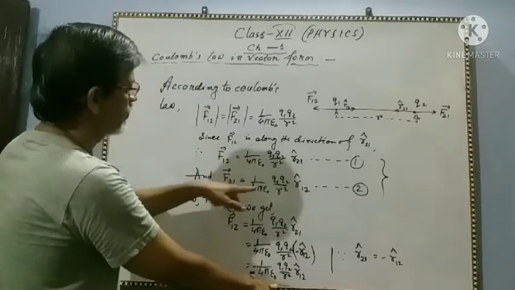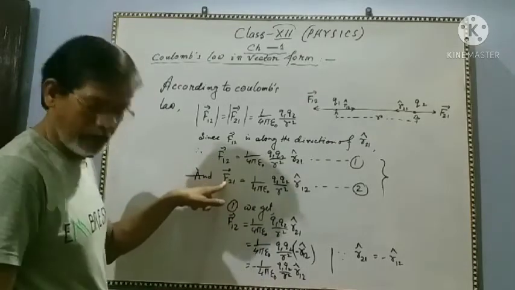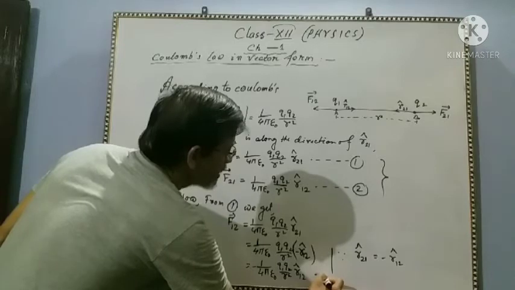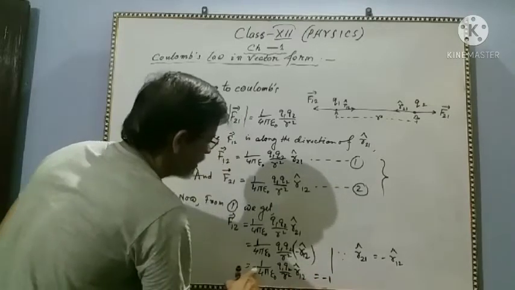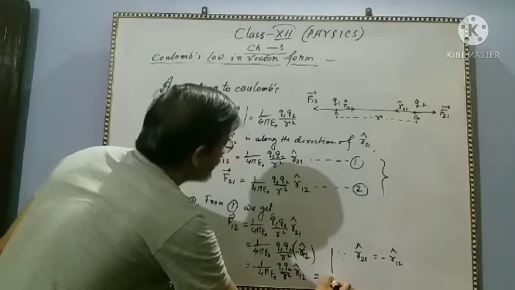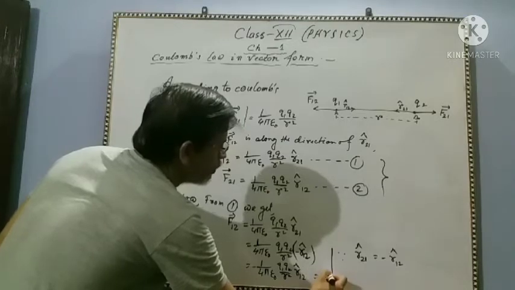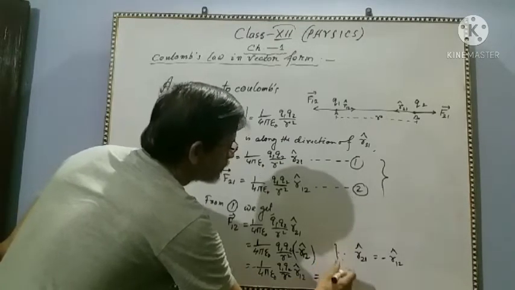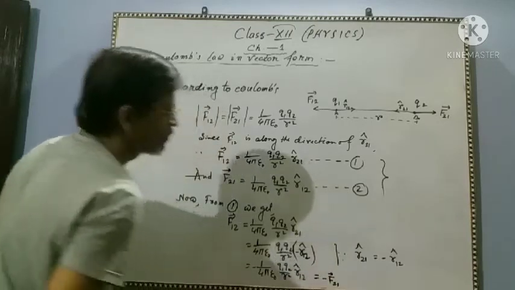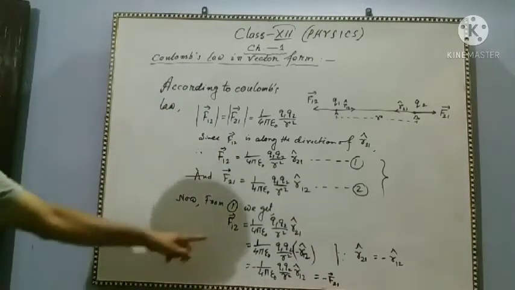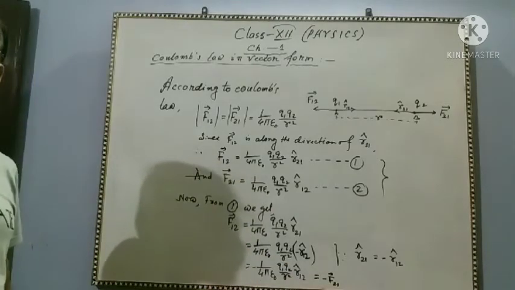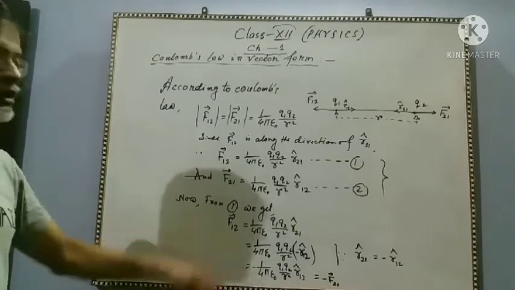What is this? This is F21. So equal to minus of F21 vector. So F12 vector equal to minus of F21 vector. What is this? This is Newton's third law.